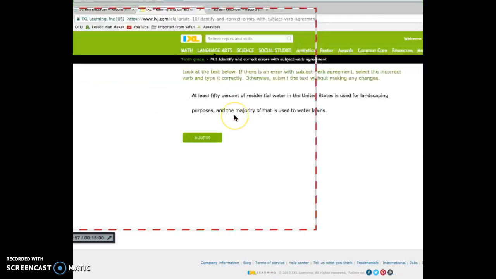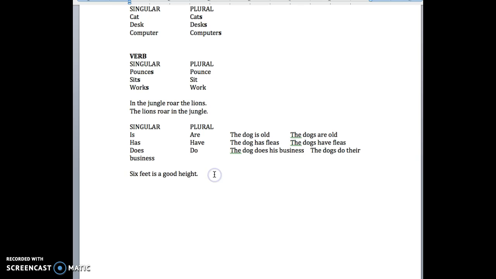The only time you'd ever not do that is if you had 75% is a big number, right? You wouldn't say 75% are a big number because it's the big number that is. It's the number that is. So if the subject is the percentage itself, then you use is.